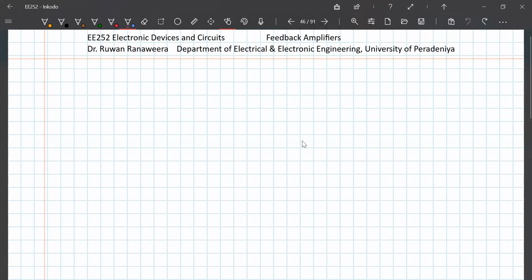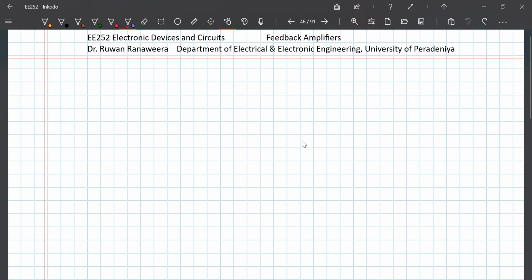And then we use a notation rather than using two terminals to indicate the voltage terminals, because the voltage is always between two terminals. Rather than that, we use single line diagrams like this.